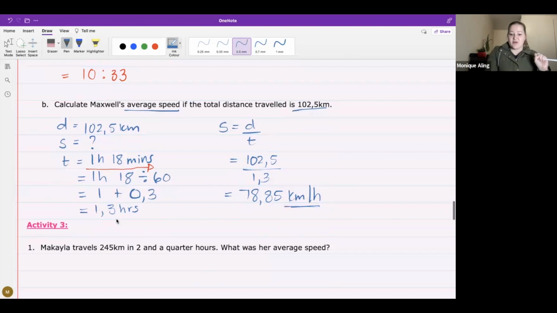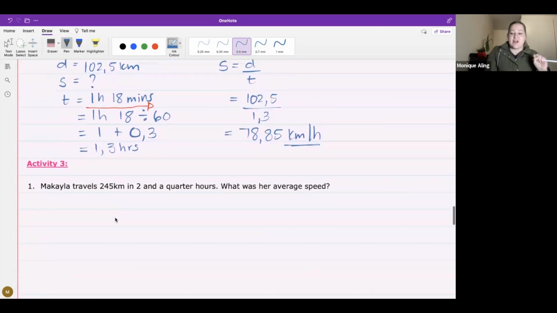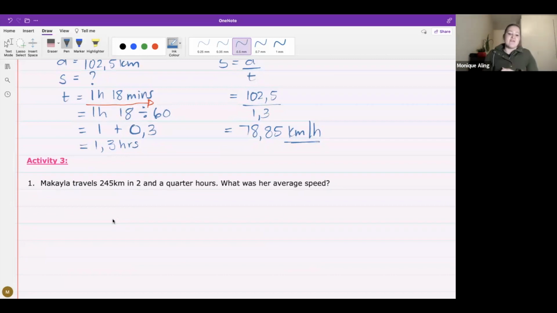If not, I'm going to ask you guys to do question 1 for me. Try this one by yourselves. Michaela travels 245 kilometers in 2.25 hours. What was her average speed?